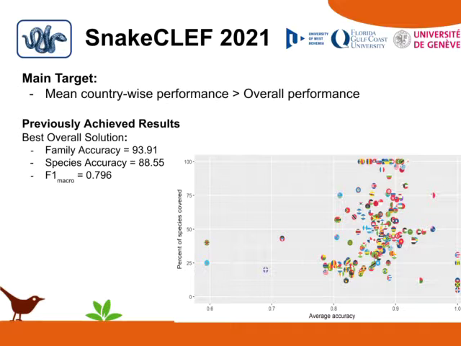There are countries for which species are very well represented in the data set and for which you have very high accuracy, but there is also a large majority of countries for which the performance is much lower.